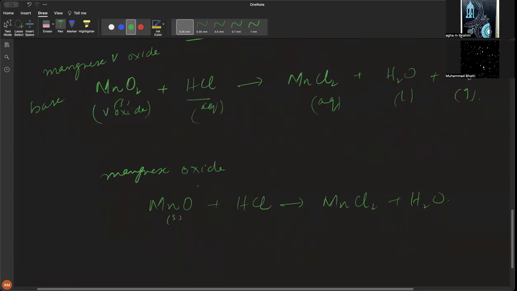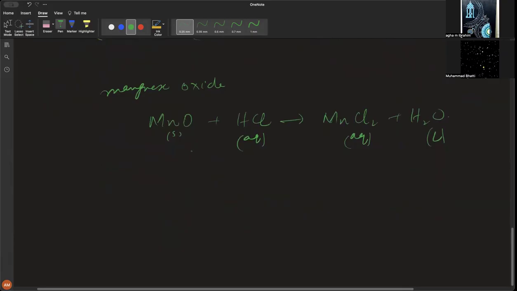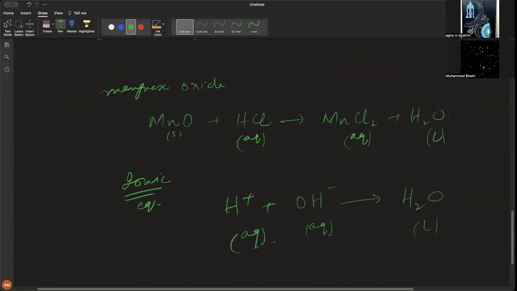Similarly, the manganese oxide, a compound of the same element, when it reacts with acid, it gives you a salt which is aqueous and liquid, and this is a perfect neutralization reaction. And if you would want to know the ionic equation for this, it's always going to be H. Is this clear?